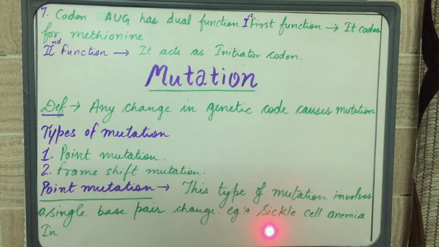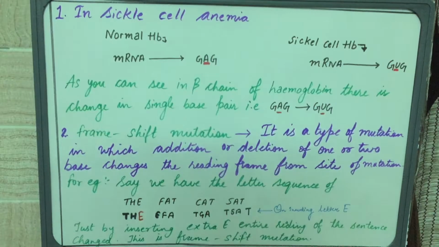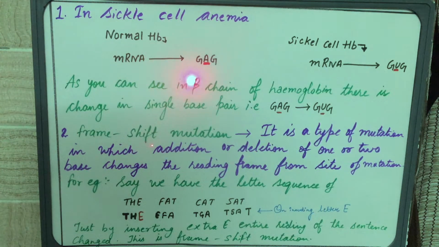Now let us study how sickle-cell anemia is an example of point mutation. In sickle-cell anemia, there is a change in the mRNA sequence from GAG to GUG. That means the nitrogenous base adenine is replaced by the nitrogenous base uracil.